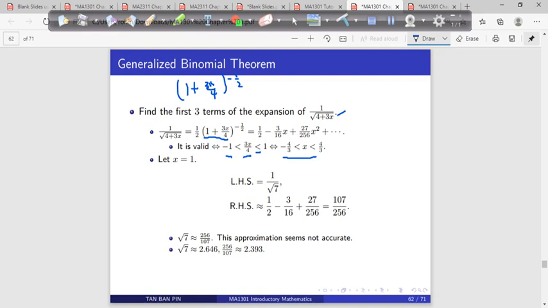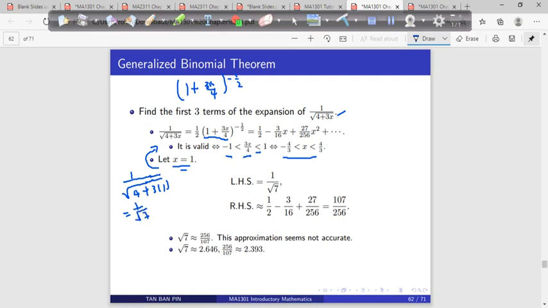Okay, let's try to sub in some numbers and see what happens. If you sub x as 1, inside here you'll get 1 over square root of 4 plus 3 bracket 1. So it gives you 1 over square root 7.